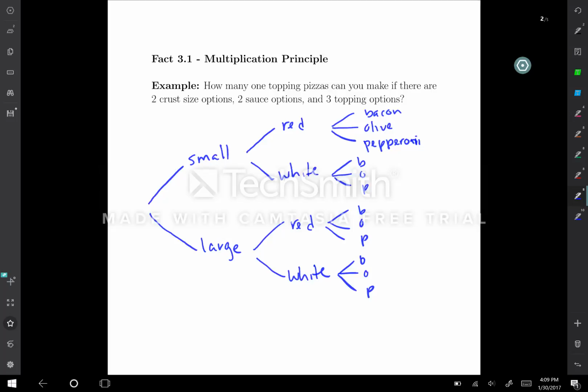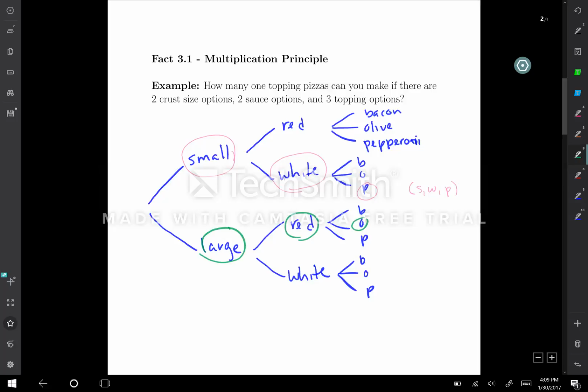We could choose, say, a small pizza with white sauce and pepperoni, and that would correspond to the list SWP. If we maybe chose a different option, say a large pizza with red sauce and olives, that would correspond to the list LRO. In traversing each path, we would see that there's 12 different pizzas that we could make.